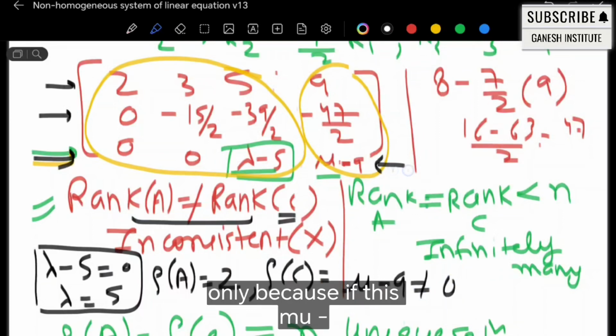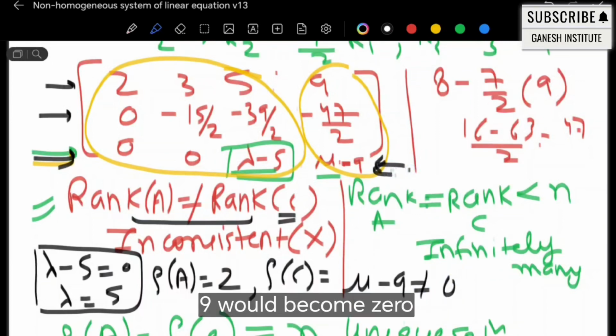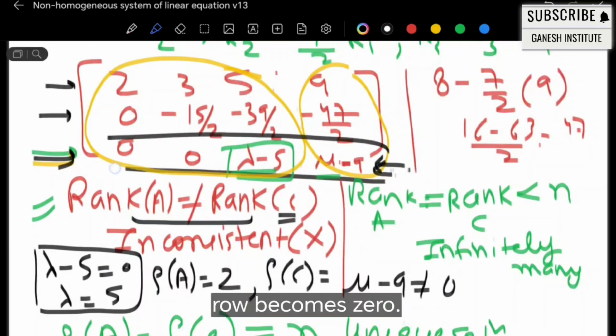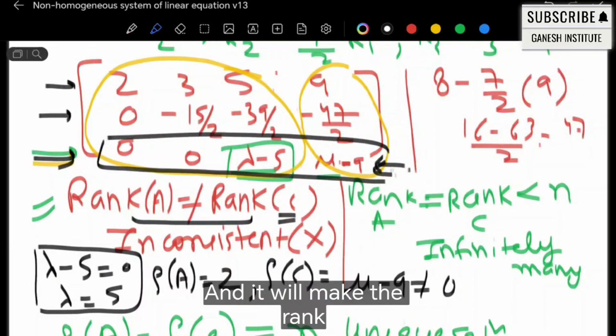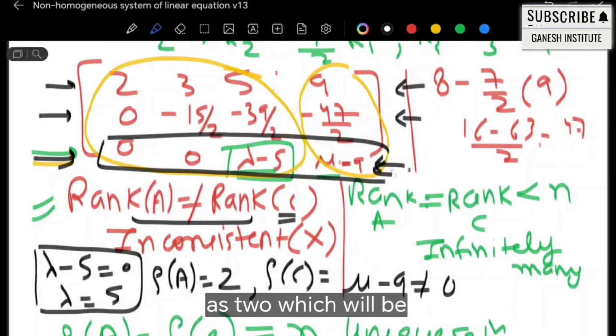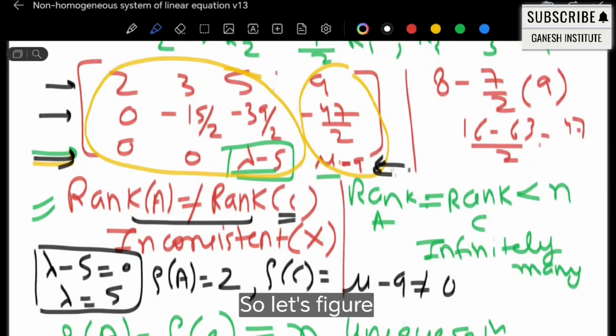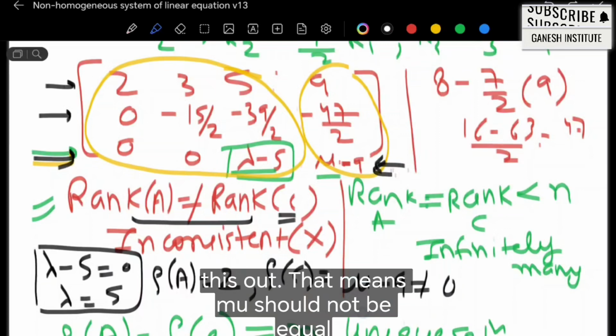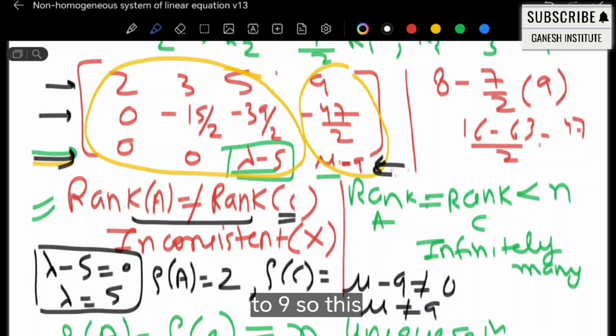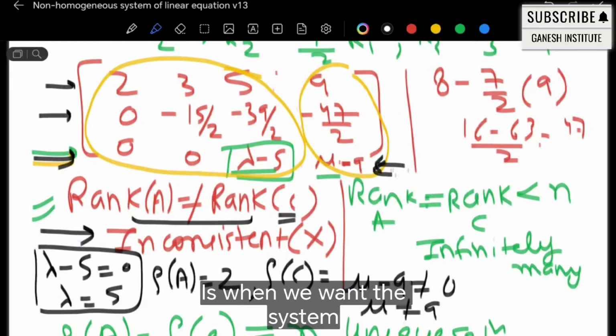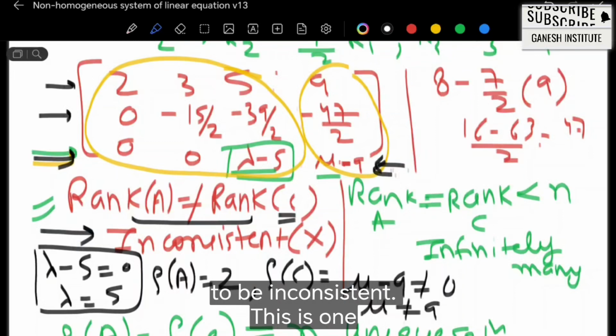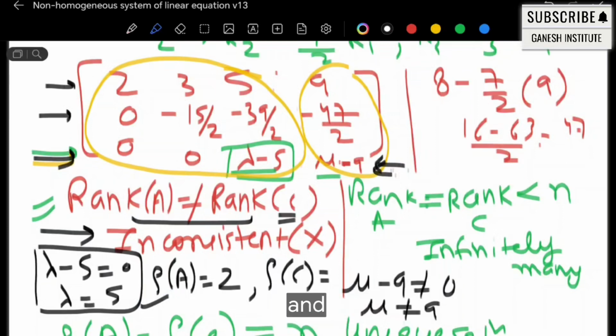Then only, because if this mu minus 9 would become 0, then this whole row becomes 0 and it will make the rank as 2, which will be equal. Correct? So that means mu should not be equal to 9. So this is when we want the system to be inconsistent. This is one scenario. The values of lambda and mu are these two. When system is inconsistent, rank is not equal.